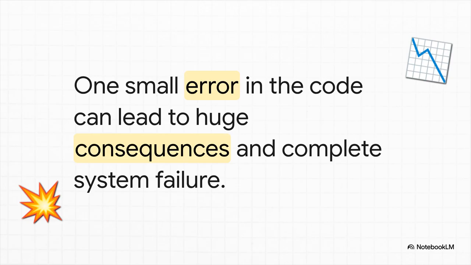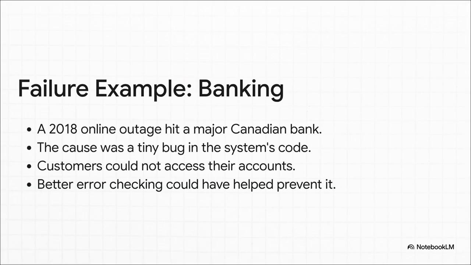The stakes are incredibly high. Let me give you a real-world example. In 2018, a major Canadian bank had its online system go down completely. The cause? A tiny software bug. That one flawed instruction, processed through the fetch, decode, execute cycle, was enough to grind the entire system to a halt and lock thousands of customers out of their accounts. It's a stark reminder of how critical every single step is.